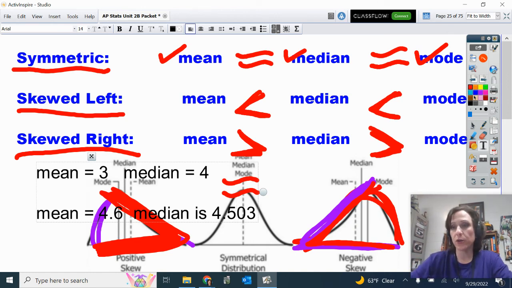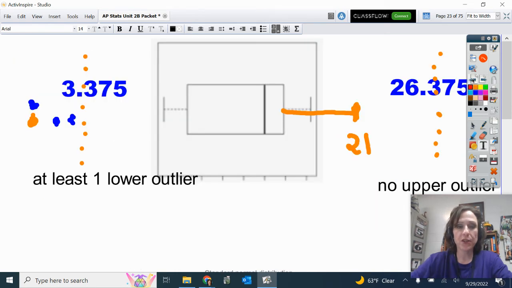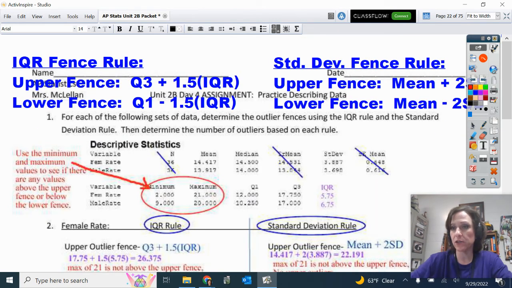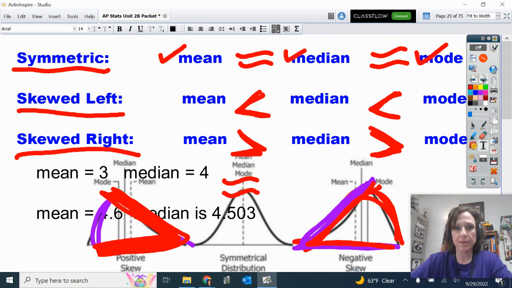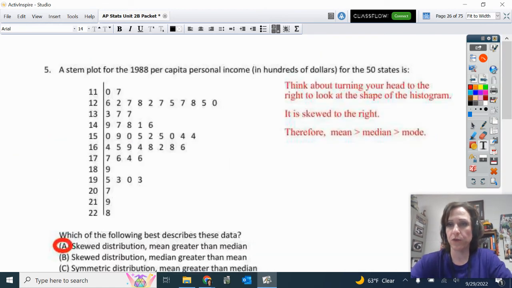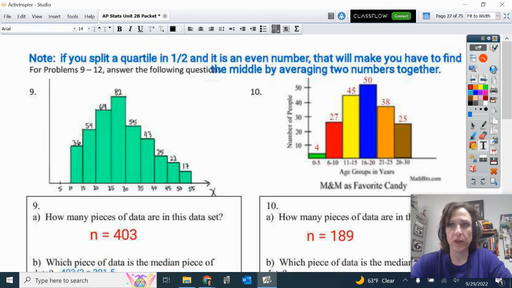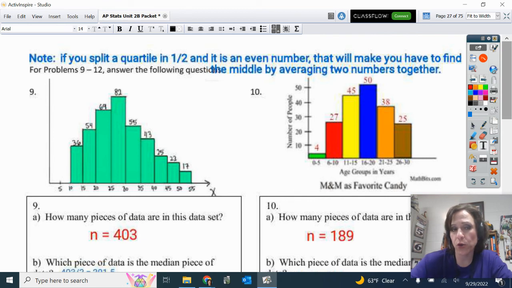Now you are going to complete the rest of this assignment for the males, and then you'll be working on the assignment here, with a few problems and some histograms where you are trying to find the piece of data that contains Q1 and where Q3 is located, and so on.